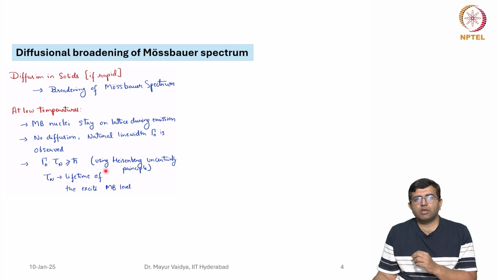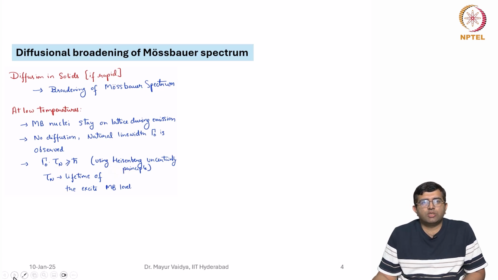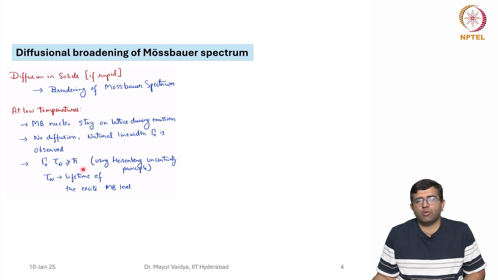Sorry, there is a small correction: this is gamma naught into tau n that should be greater than or equal to h bar. This comes from Heisenberg's uncertainty principle. That means gamma naught is actually dependent upon tau n. So, at low temperatures when the diffusion is very low, the nuclei stays on the lattice during the emission.